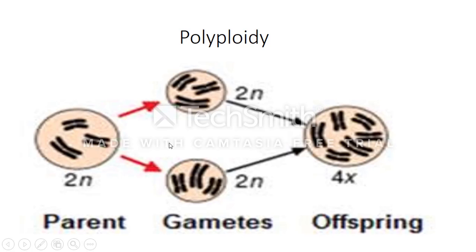Like in this case here, both parents are 2N, and they've created a 4N offspring. There could also be the case where this is 2N and this is haploid, and they could create a 3N offspring. So that creates polyploidy.